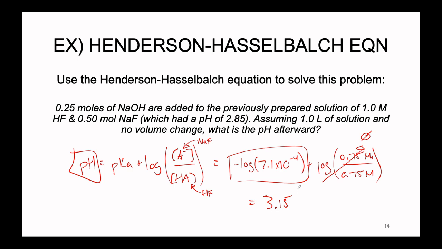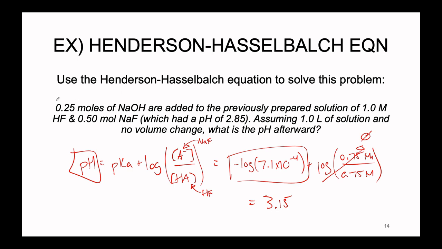That was so much easier than having to go through all of the ICE table calculations, the quadratic formula, solving for x, plugging x back in. If you're working with a buffered solution, this is how easy the math is going to end up being. Okay, but you do have to make sure, again, you're working with a buffer.